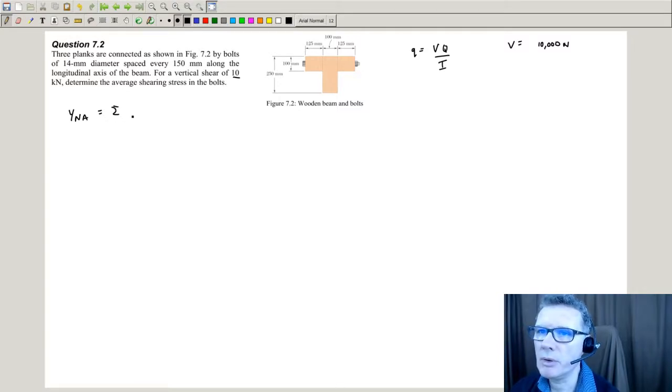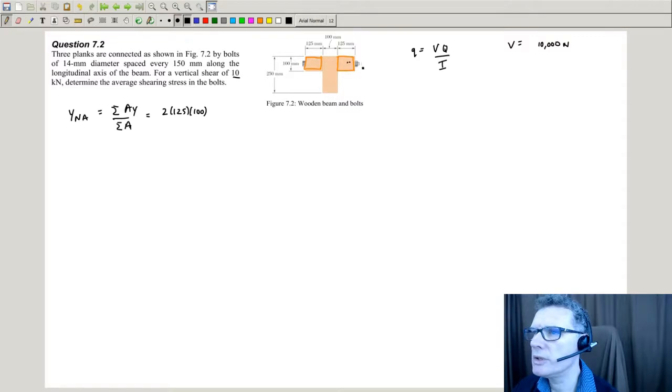So that's the sum of our AYs, our Qs, divided by the sum of our areas. So I've got 2 located here and here. It's 1, it's 2. Which has a width of 125 times 100.